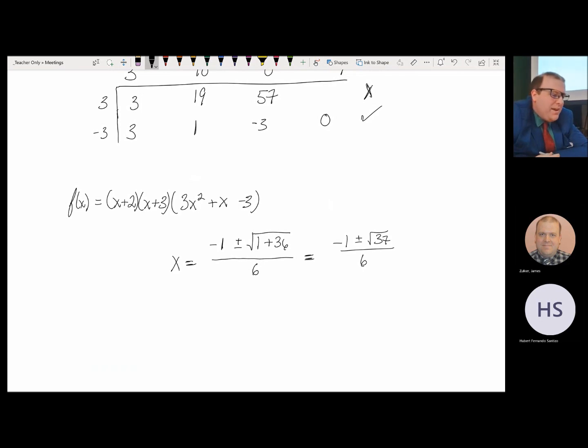You get negative 1 plus or minus root 37 all over 6. That gives us a positive and a negative real zero, which matches 1 positive, 3 negatives.